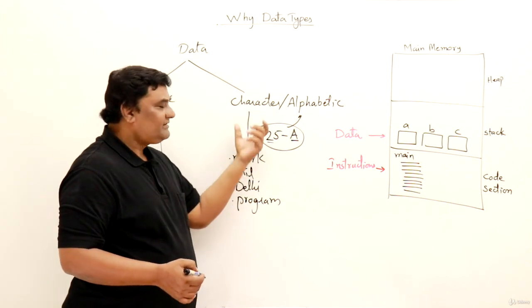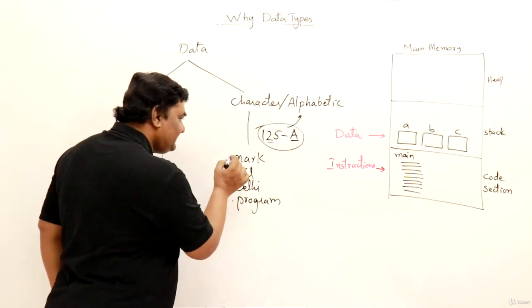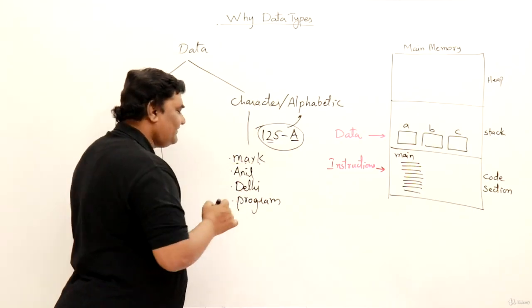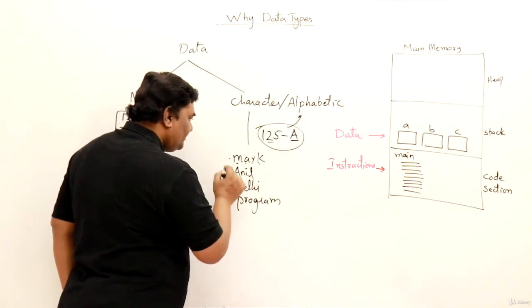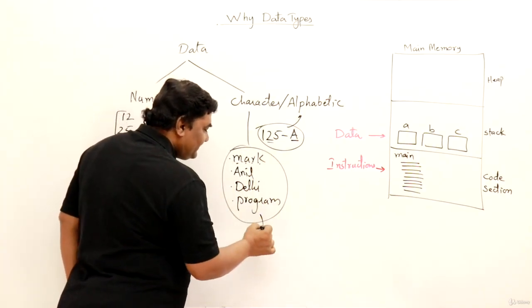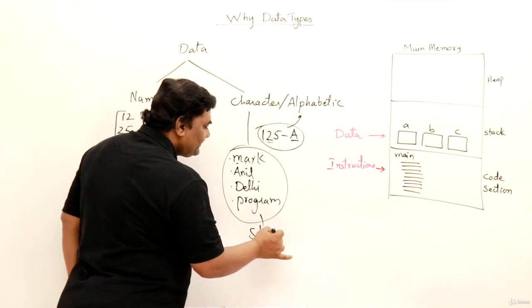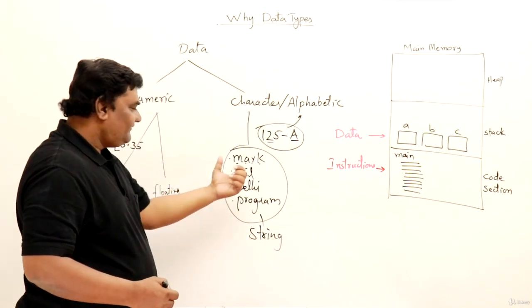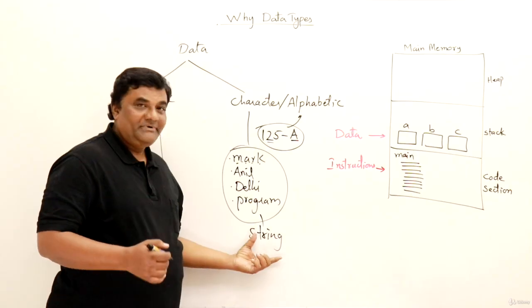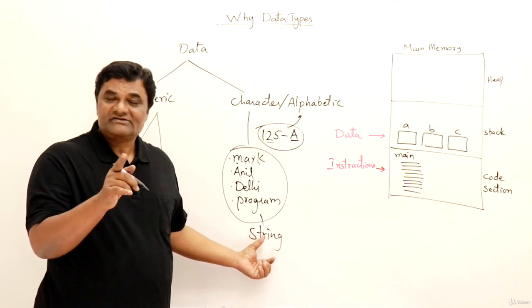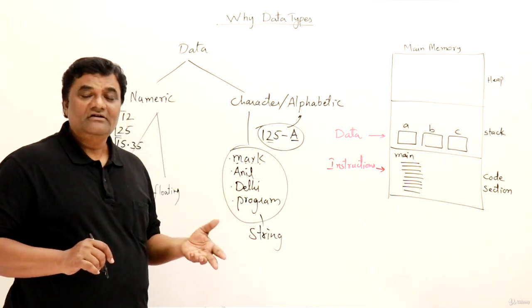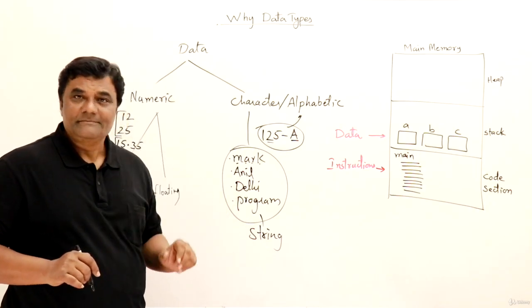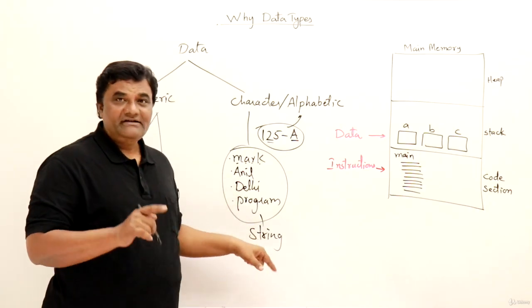These are nothing but characters. Actually a character is just a single letter, but together they form a string. So we call this a string in our program. A string is nothing but a collection of alphabets or characters forming a single entity. So this is represented as a string.